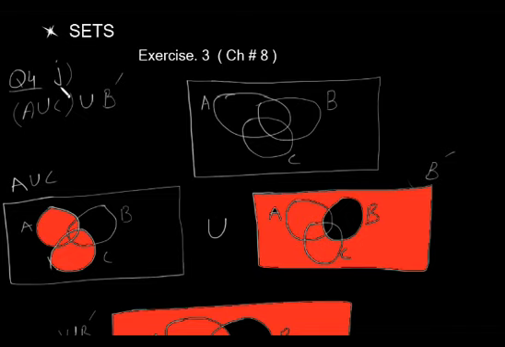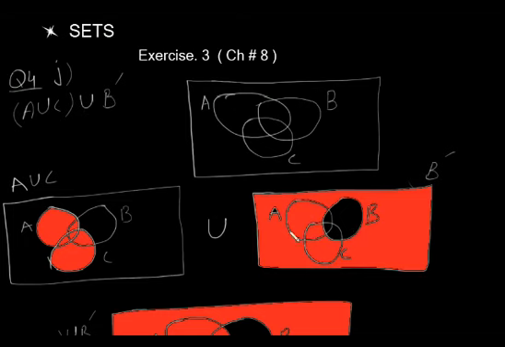Okay, in part J it says A union C, and then union of B complement. As A union C is in brackets, we will solve it first. So let's shade A union C. As you can see, this is the shaded region of these two circles representing A and C. And then B complement: as we know, after doing so many questions, you should be fluent that for B complement you just have to remove the elements of B from the universal set.